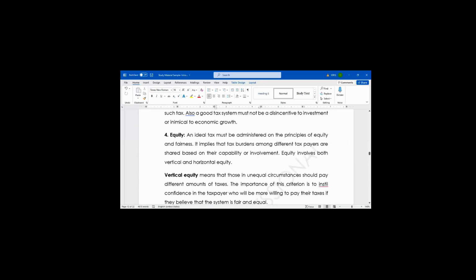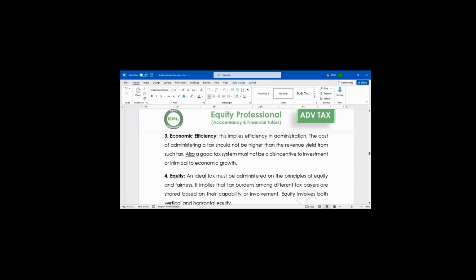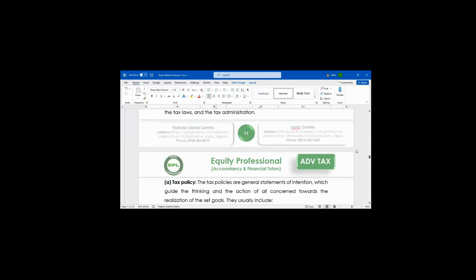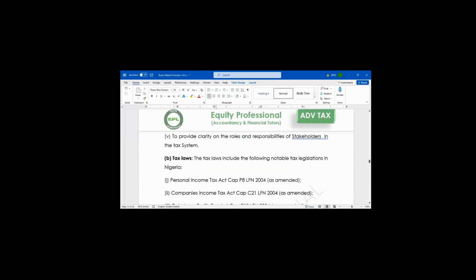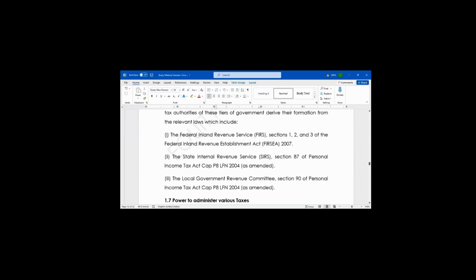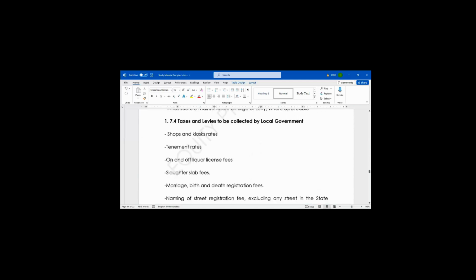By next week, we still talk about introduction to tax, and in that introduction to tax, we start from tax system. When we discuss tax system, we discuss elements of tax system. By next week too, we are going to discuss tax clearance certificate, tax identification number, problems of taxation.